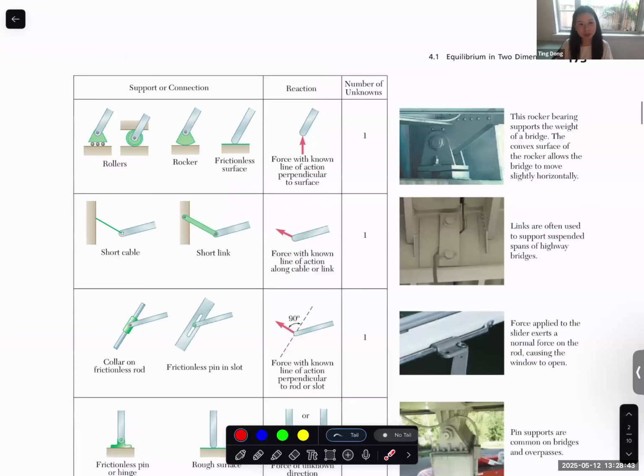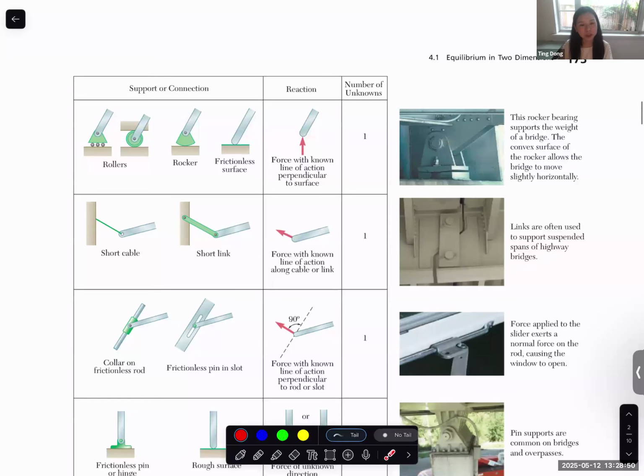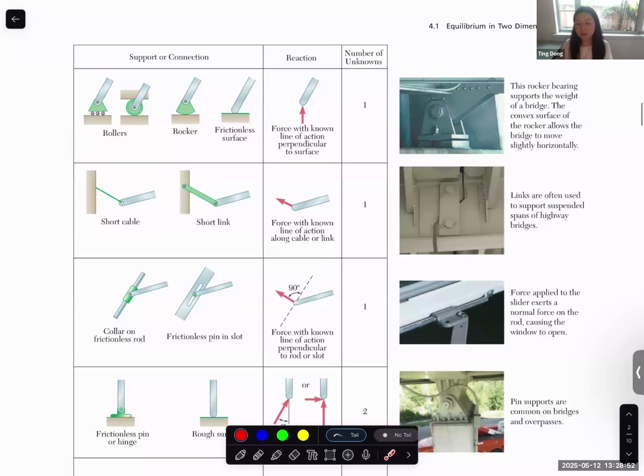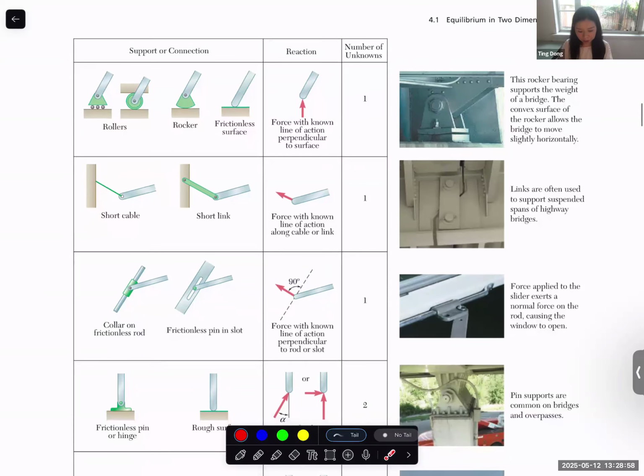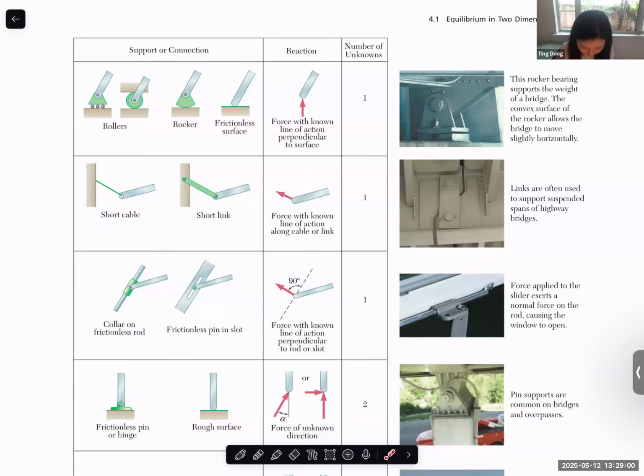boundary conditions. If you want the more complete boundary condition reaction forces, this is a screenshot from a statics textbook. It's not the content of mechanics of materials, it's really the content of statics. So this is the roller support, and if it's a cable, it can only have tensile force.